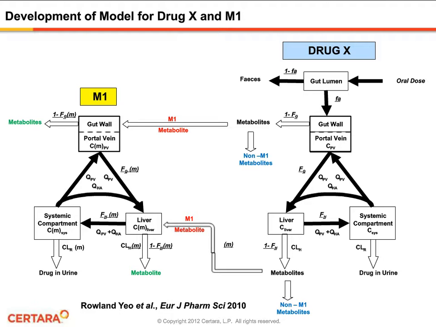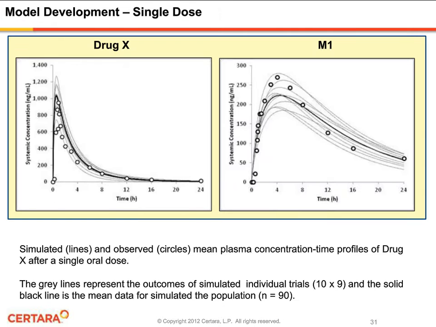And as soon as it's formed in the gut and the liver, it's also susceptible to metabolism as well. So what I did was use single ascending dose data to help validate and build the model for the parent and also the metabolite itself.